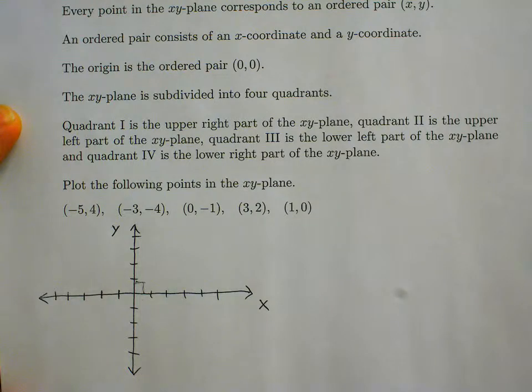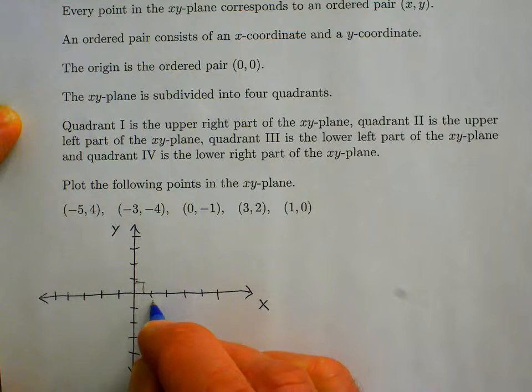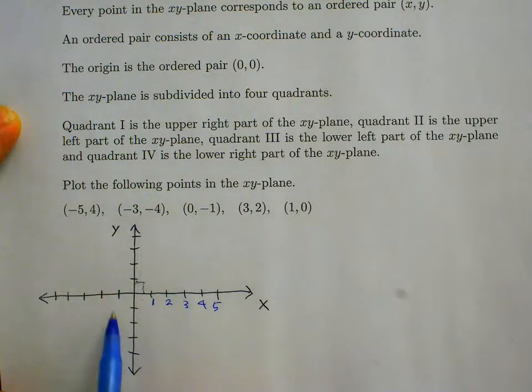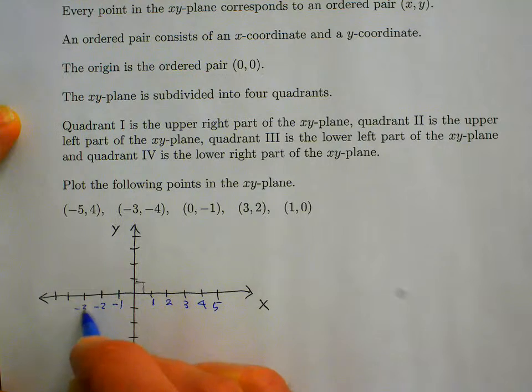So if you can read my writing, on the positive x-axis, that's to the right of the origin, I'll label these points 1, 2, 3, 4, 5, and so on. To the left of the origin on the x-axis, -1, -2, -3, -4, -5.